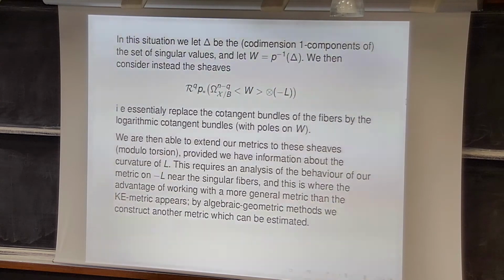This is probably the place where we have most advantage of working with a general line bundle and a general metric instead of just the anti-canonical bundle and the Kähler-Einstein metric, because now we can construct a metric ad hoc, so to speak, by algebraic geometric methods, whose curvature can be estimated and has the good property that we can extend the metrics over the bad fibers.